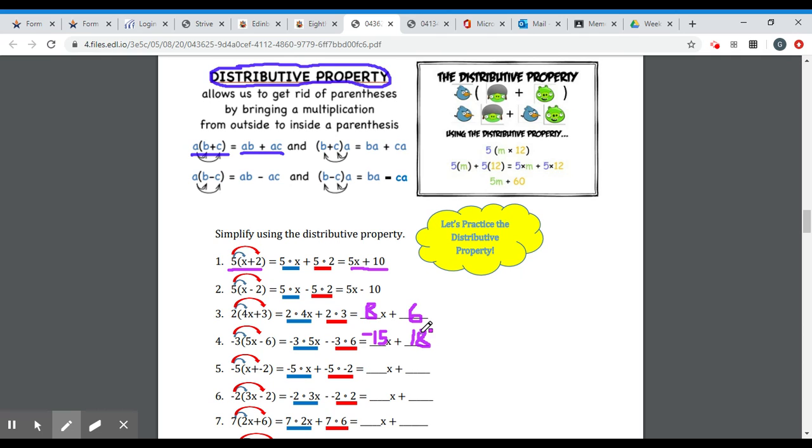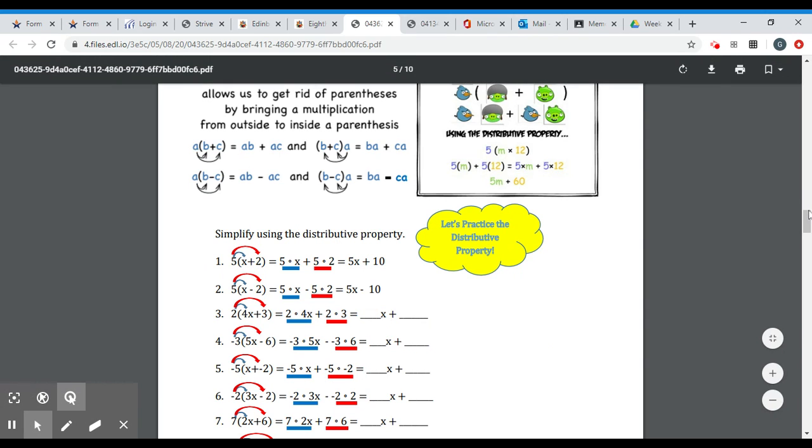So the distributive property of this one would be negative 15x plus 18. Hopefully you're getting that. Just continue doing that. It's broken down for you here anyway to give you that guidance. So let's continue down.